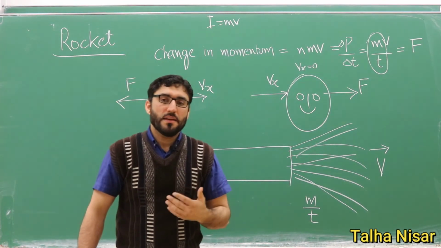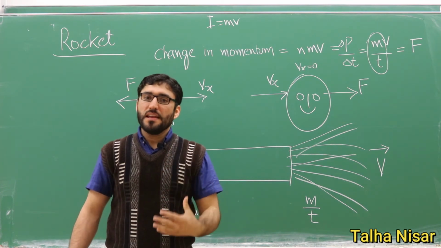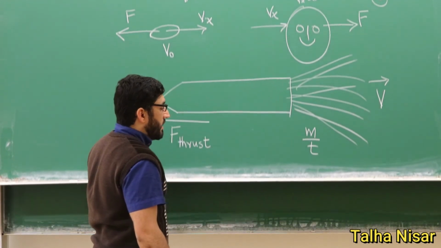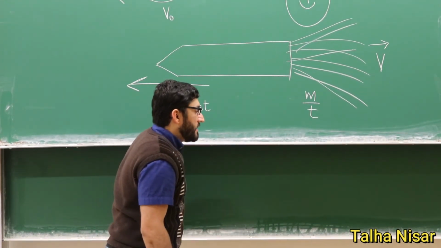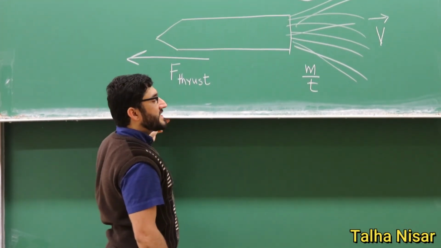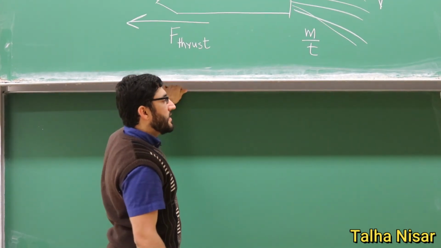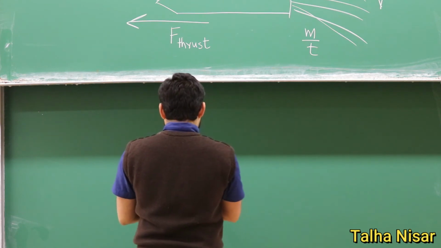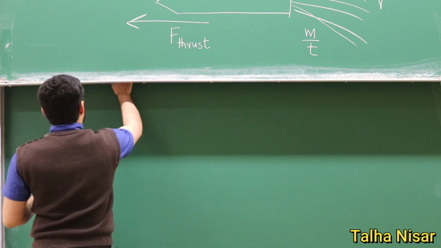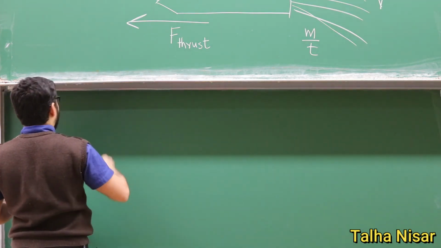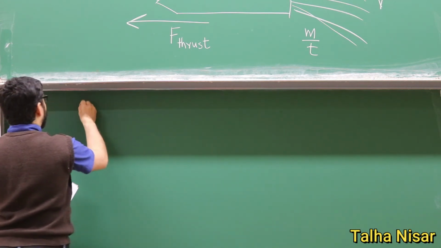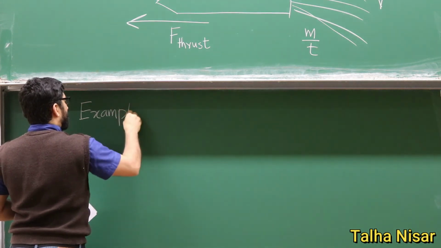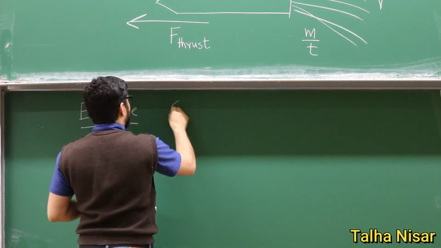To give you some feeling, I will give you the real values that were used in the rocket that was sent to the moon in 1969. The rocket name was Saturn.